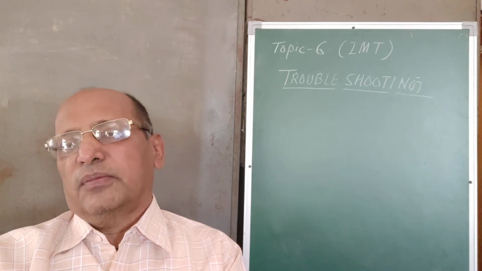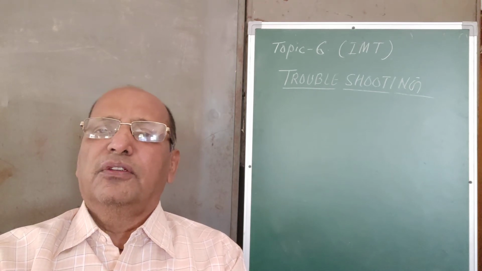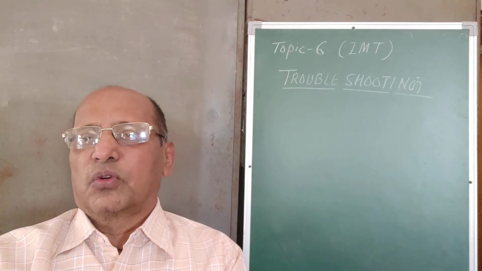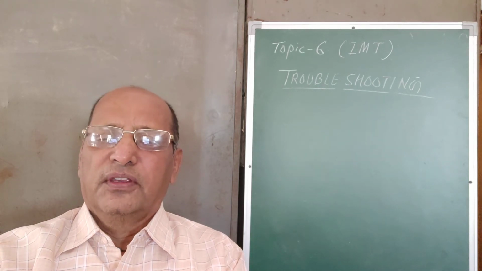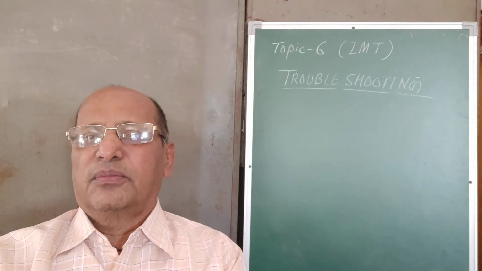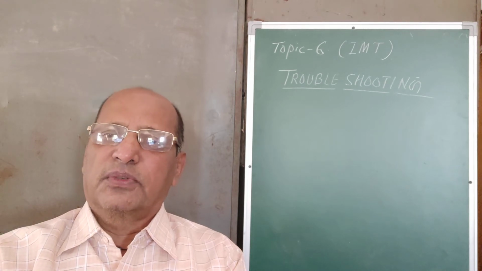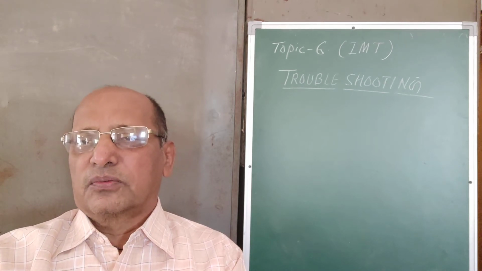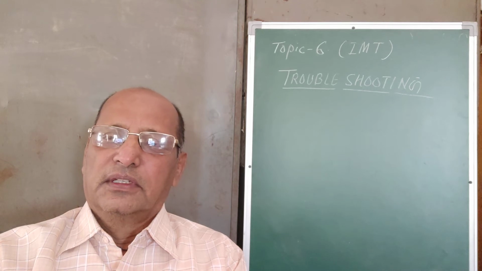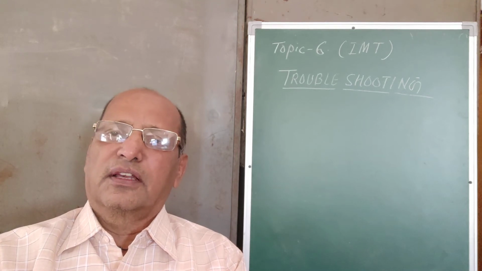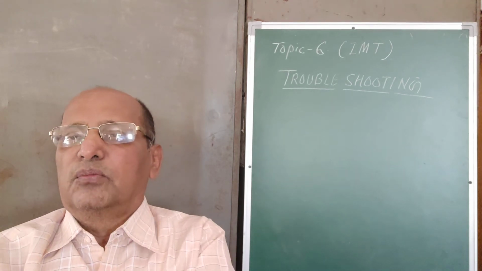And if there is a problem in the winding continuity, or some wire is broken or insulation is damaged, in that case a short circuit may take place, a turns fault, that is called turns to turns, or turns to the body of the motor.